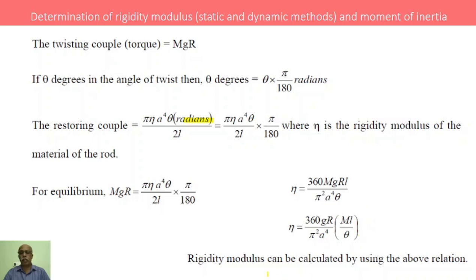This rigidity modulus can be calculated using this expression by knowing the radius of the wheel, radius of the rod AB, load added, that is m, length of the rod, and the deflection.